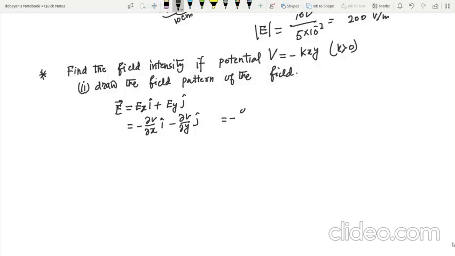In place of v we have to find kxy, and this is minus del with respect to del y. In place of v we can find minus kxy. So that is nothing but, since this is with respect to x, that means minus ky will be common, and k it is y i cap plus it should be x j cap.